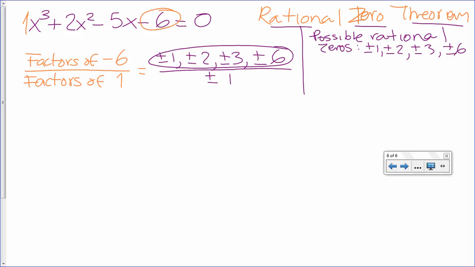Okay? All right, so Angel, take a guess. Let's see if you can give me a good guess. From positive and negative 1, positive negative 2, positive negative 3, positive negative 6.